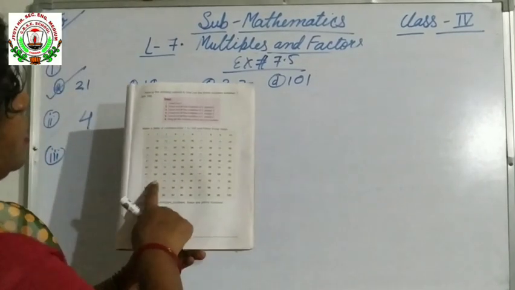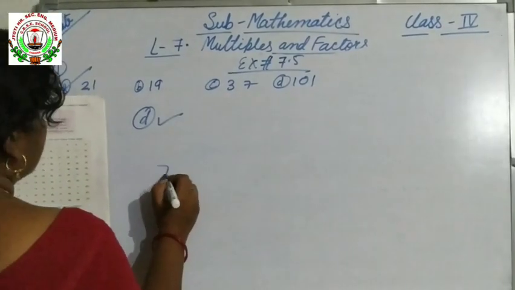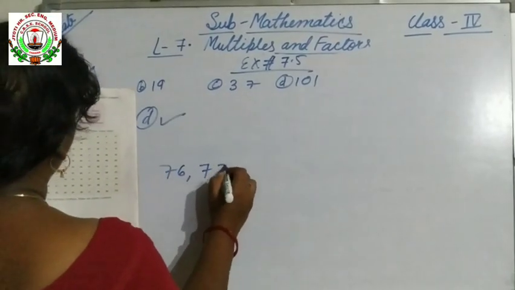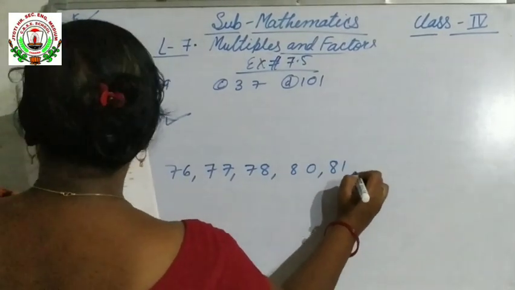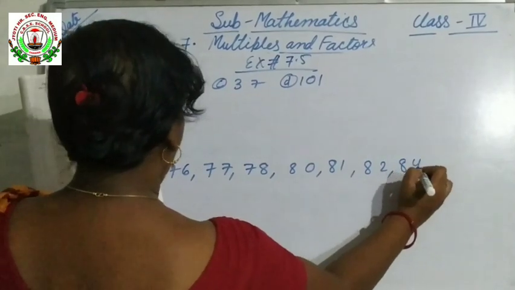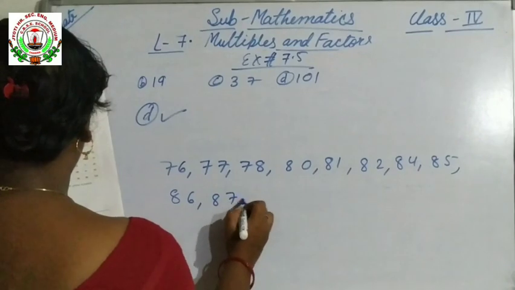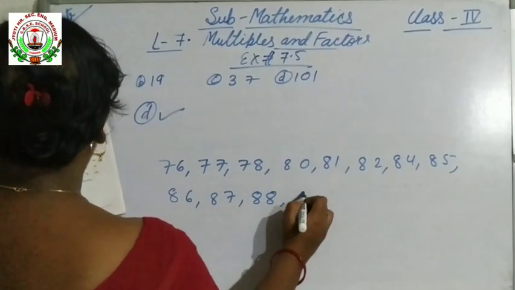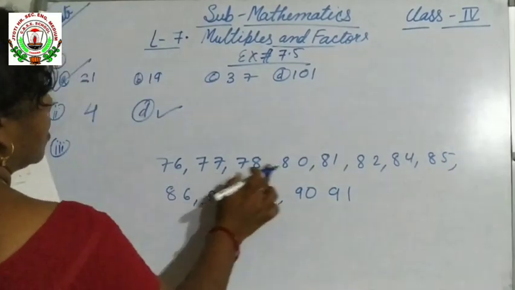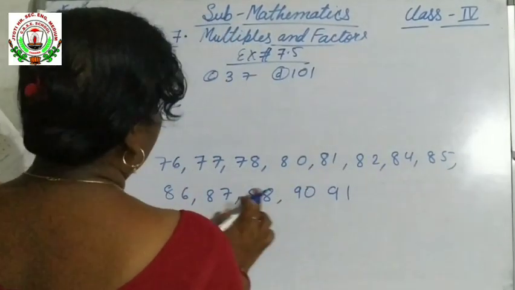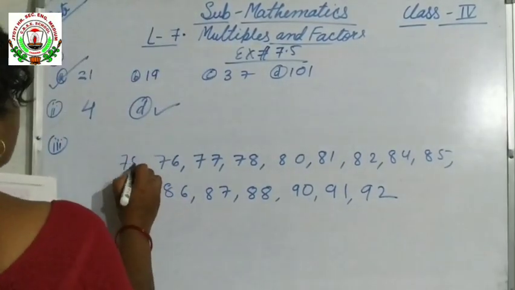After 75, 76, then 77, 78, then 80, 81, 82, 84, 85, 86, 87, 88, then 90, then 91. 1, 2, 3, 4, 5, 6, 7, 8, 10, 11, 12, 13. Then 92 is also, and here 75 also you will take.